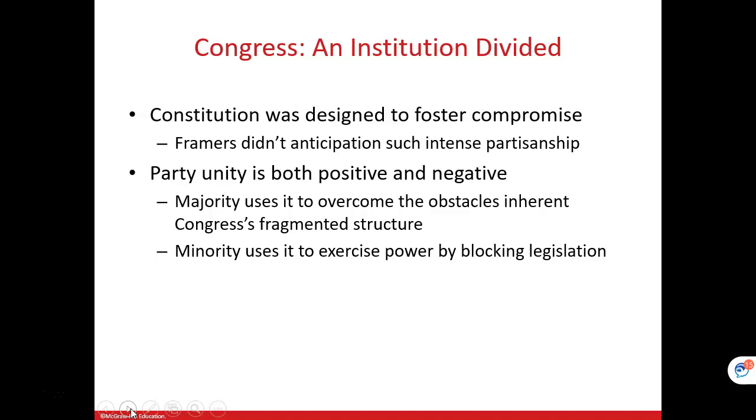So we have seen unprecedented partisanship in our Congress. And it has made for some epic fights, some name calling.